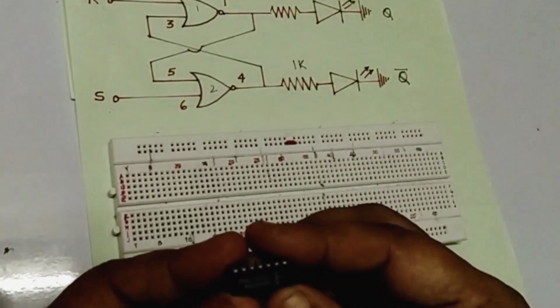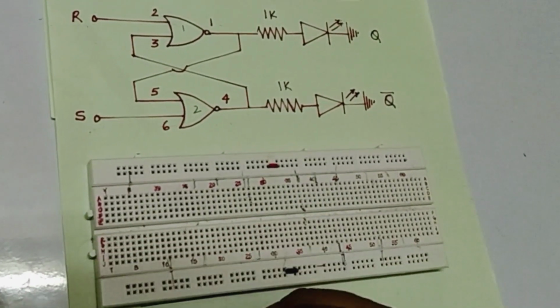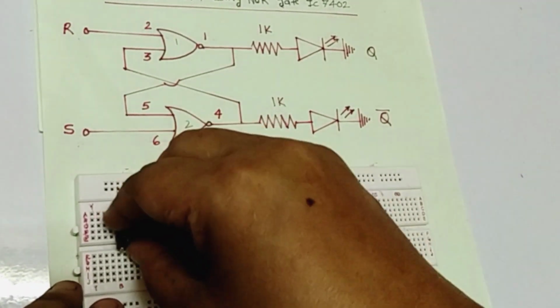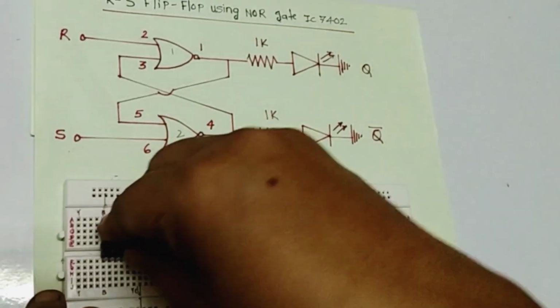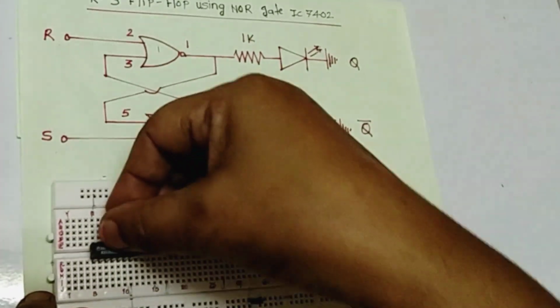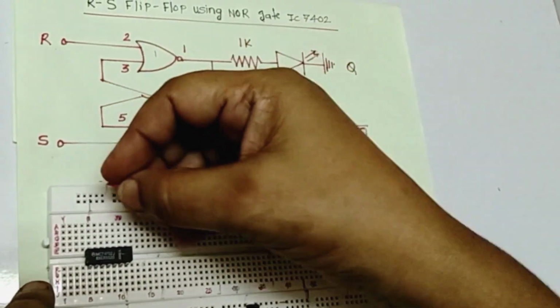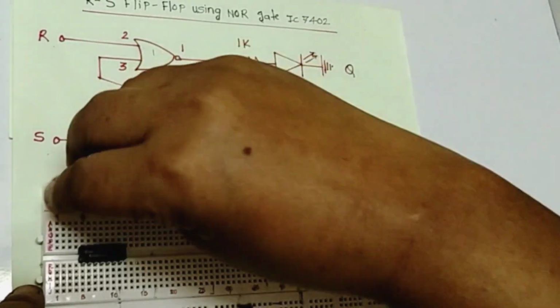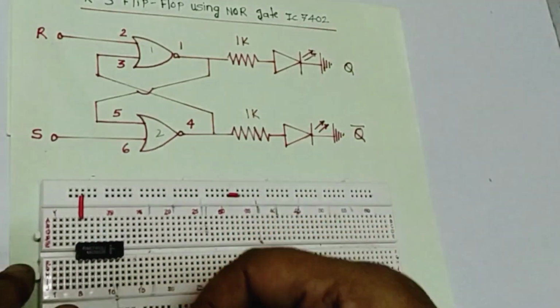The IC 7402. Now see the IC, here the notch is there. Now we connect it like this here. Pin number 14 is VCC and pin number 7 is ground.